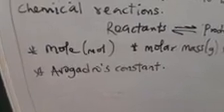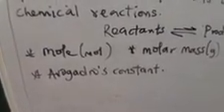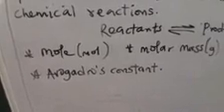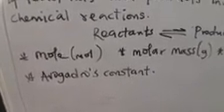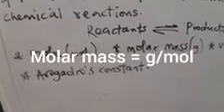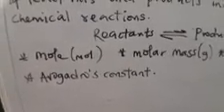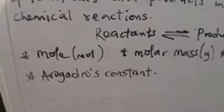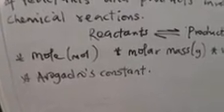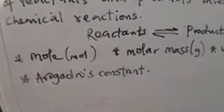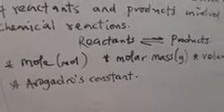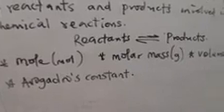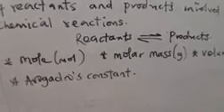The mole of a substance, the mole of an element, is the amount of substance containing Avogadro's number of formula units. The mole of a particular element is the amount of substance of the element that contains Avogadro's number of formula units.